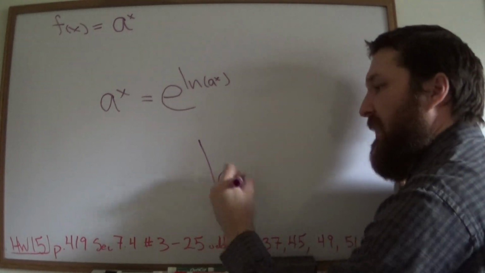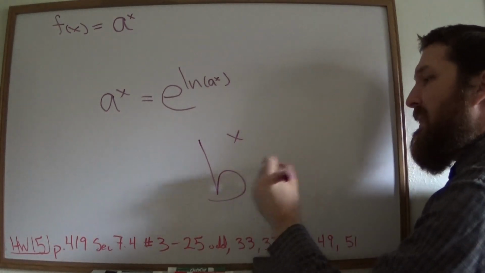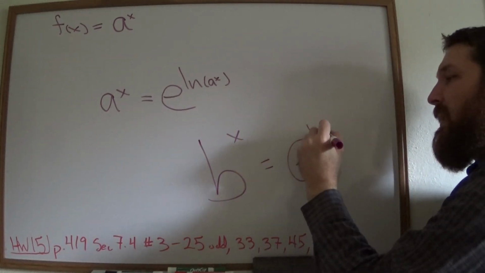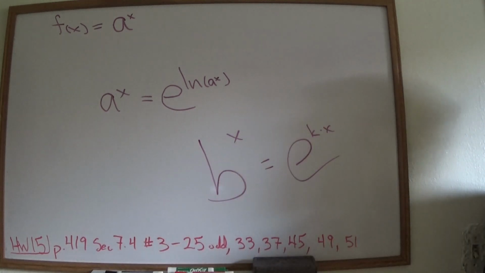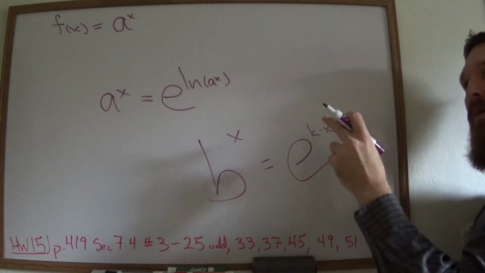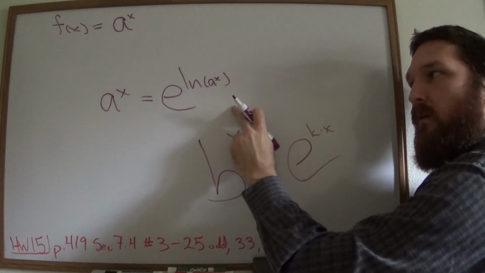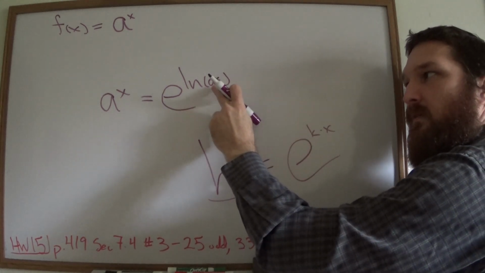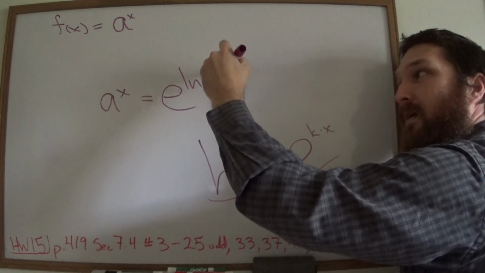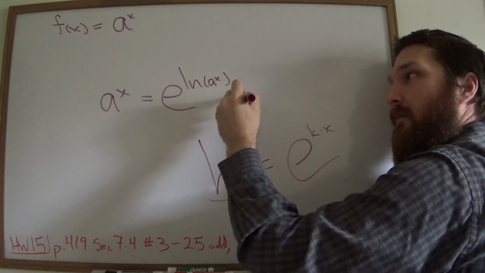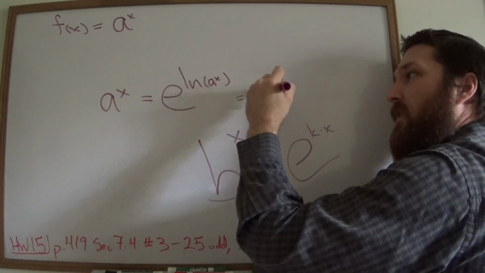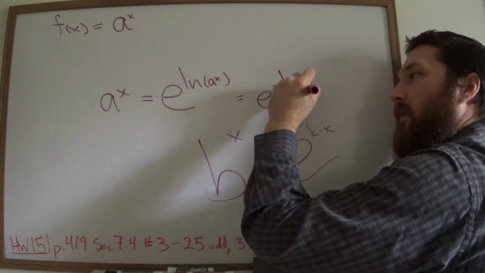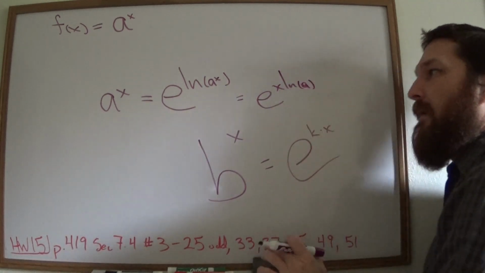Every exponential function, I don't care what it is, b to the x, it is e to some constant times x. And our favorite property of logs is that when you take the log of something raised to a power, that power drops down. That's how I said it, right?